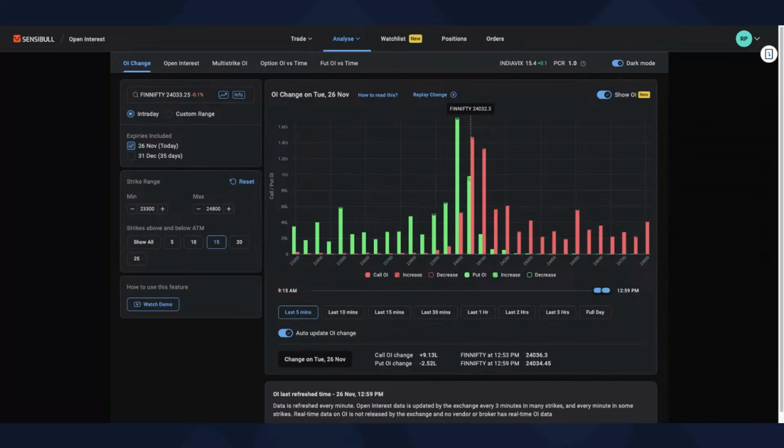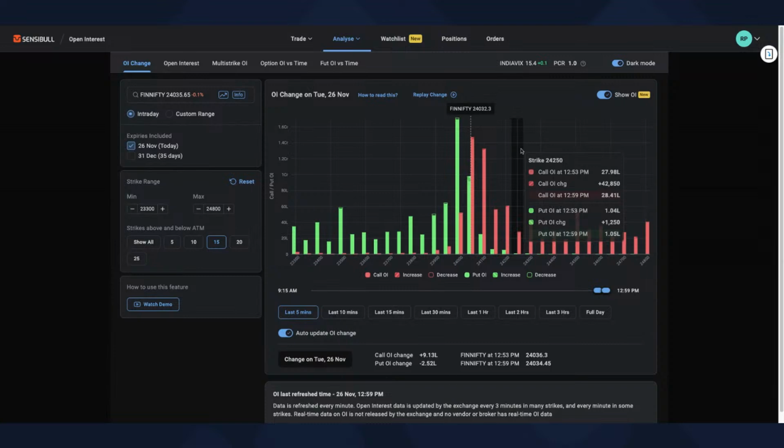As you can see here, this is 5 minutes. If I replay, they have exited here, and people have actually entered here also. So maybe people might be thinking this could be the straddle here, and also there are heavily loaded puts, sorry, calls were written here. So that is one reason.